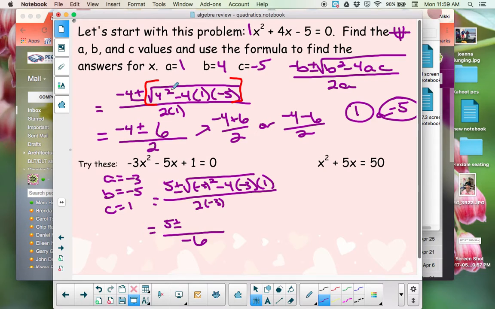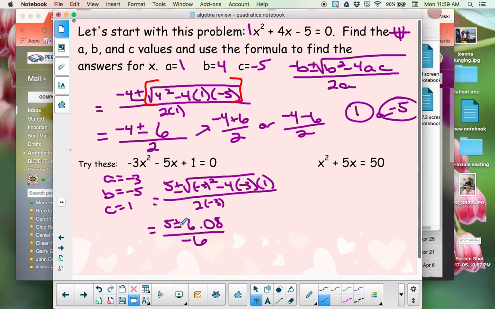Then put in -4 times -3, and then times 1 if you need to do that. End your parenthesis for the whole thing, and you should get, it's technically 6.08, so we'll go with that.